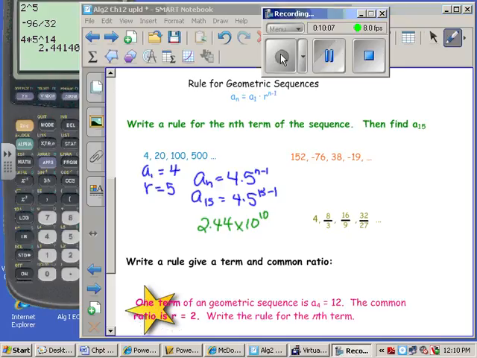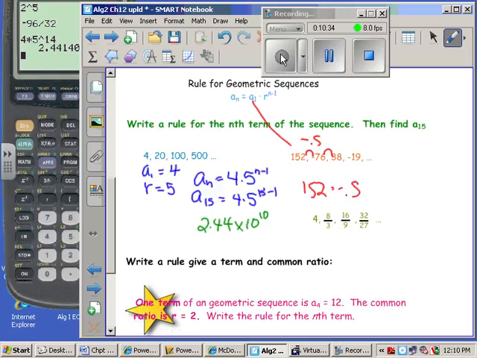So what you gotta do is start with 152, and then figure out the distance between all of these, the multiplication lines. You figure out that it's negative 0.5 in between these, so that becomes your r. That's 1/2, so negative 1/2. And then you go n minus 1.